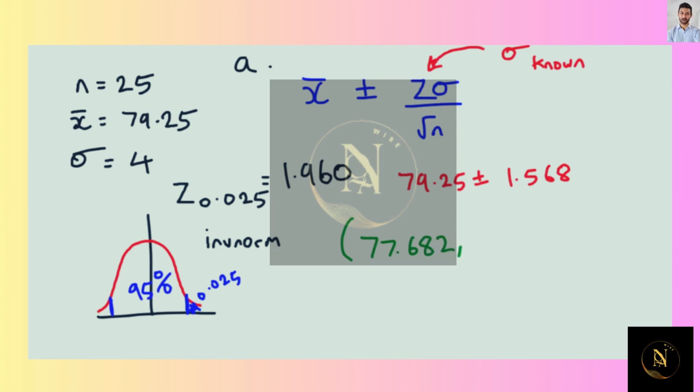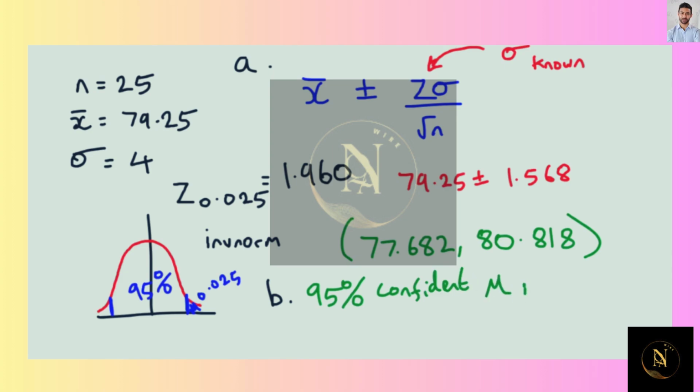If I add it onto my point estimate, I get the upper bound of the interval, 80.818. There is my confidence interval for the population mean. I can say that I am 95% confident that the population mean is in this interval.